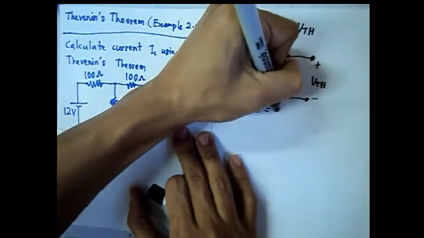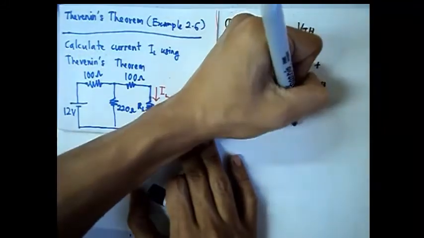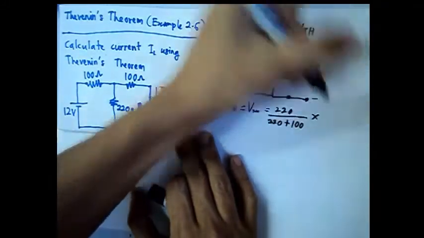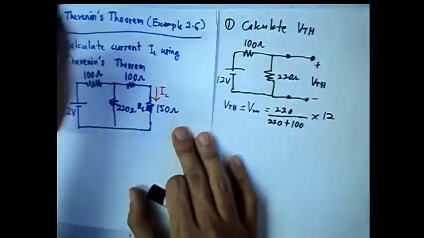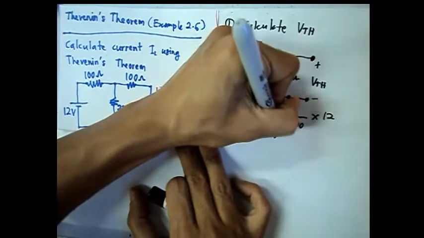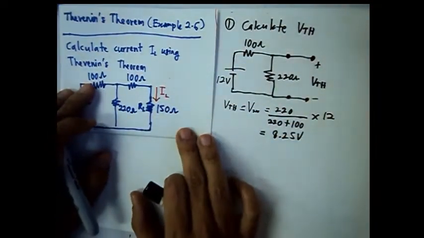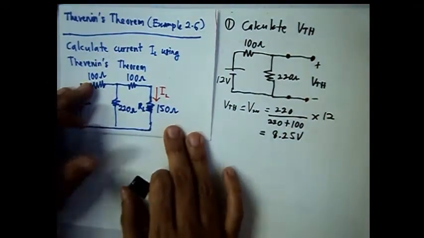So we apply the voltage divider rule, 220 divided by 220 plus 100 times 12, and we get 8.25. It's just the same as the first solution.